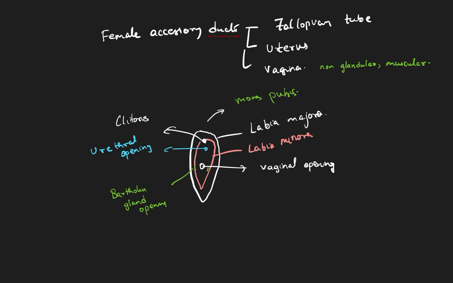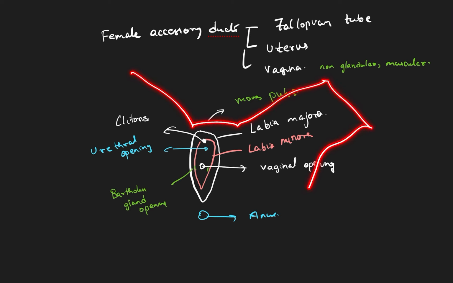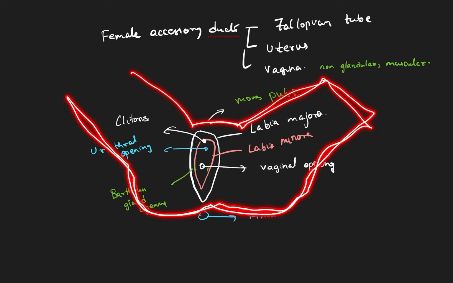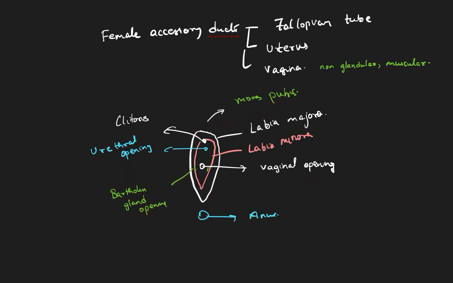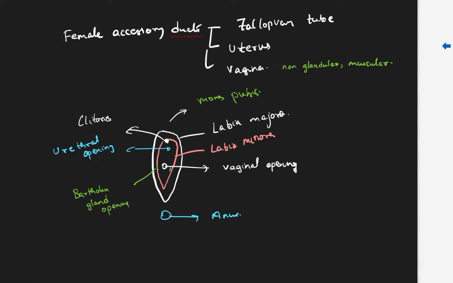So these are the parts. And finally below this is the anus. If we draw the full structure here like this, the legs are going to come, and this is how the female reproductive system ultimately looks. These are the legs. So this is the structure. Labia majora, labia minora, I just showed you all the structures.